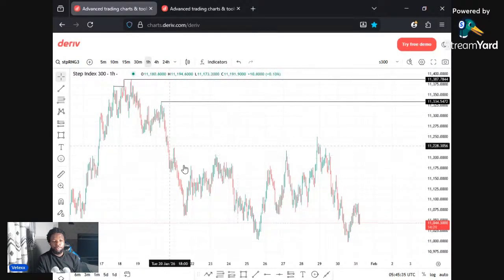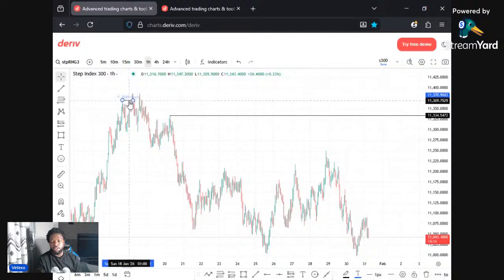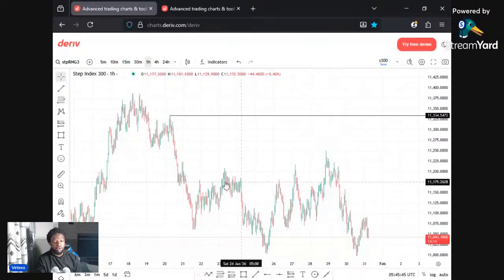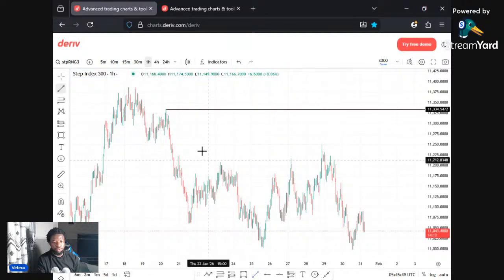There's a higher POI here, but before that time, we already had price smashing the target on the 1 hour time frame, which is this. It gives us this.